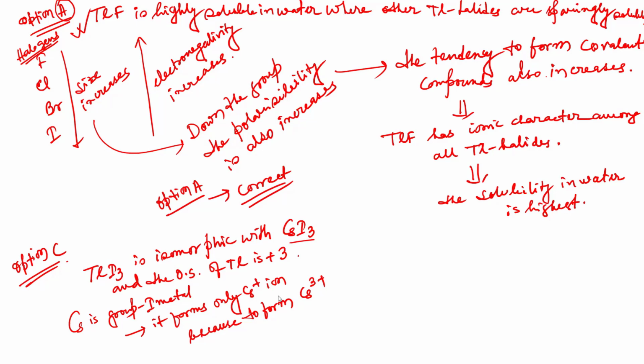The s electron in cesium is situated in the 6s orbital, which is penetrated inside towards the nucleus due to the low shielding effect of inner f and d electrons.